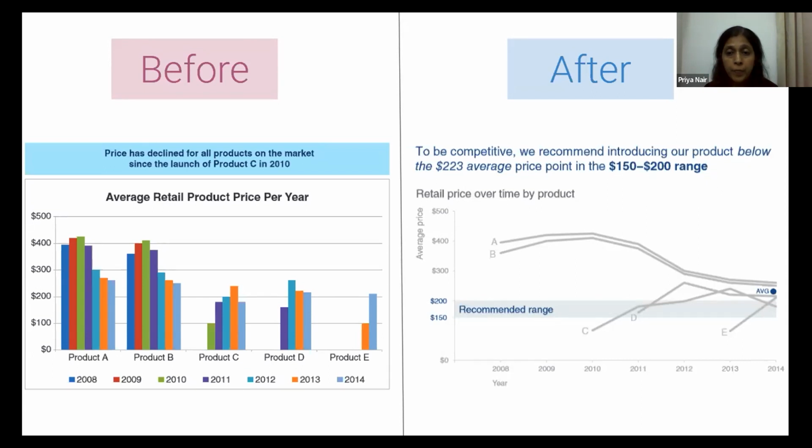And then the recommended range is also in a different color, highlighted, so that the user's attention is focused at that point, and they easily get the message that it is between 150 and 200 with the statement made at the top. So we have simplified the cognitive load for the user, right?